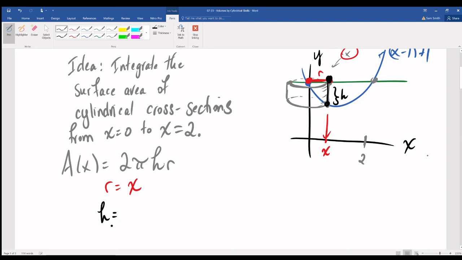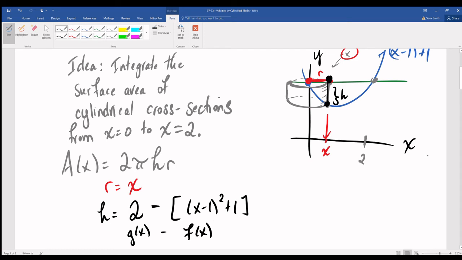It is the difference between the upper output value of 2, given by the upper function g of x, and the lower value given by the bottom function f of x. The height is g of x, top function, minus f of x, bottom function, and the radius is x itself.